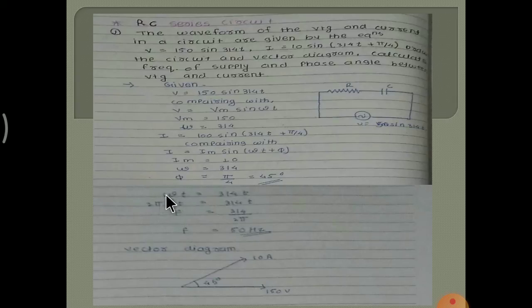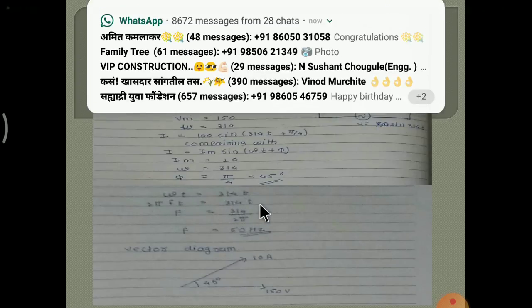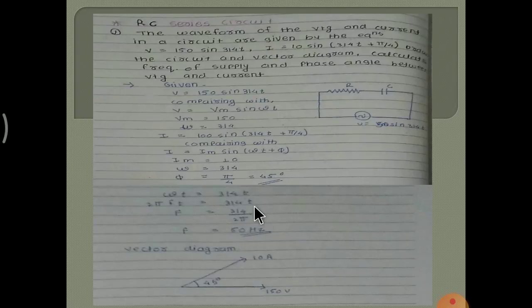Place here in place of omega, 2 pi f t is equal to 314 t. Here keep f as it is and this 2 pi is divided into 314 and t gets cancelled. So f is equal to, we get 50 hertz.